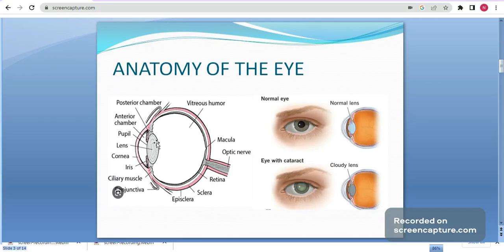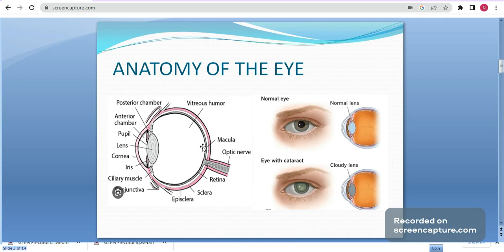Now the lens is held just behind the iris and in front of the posterior capsular bag. This is the natural lens, and it is transparent in nature, so the light passes through the lens and forms an image on the retina.